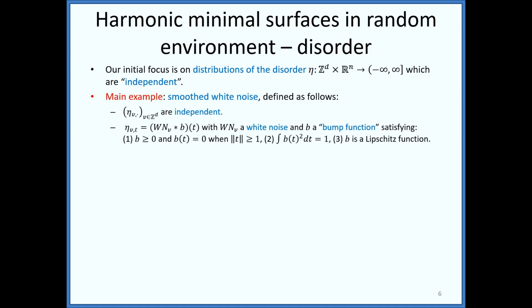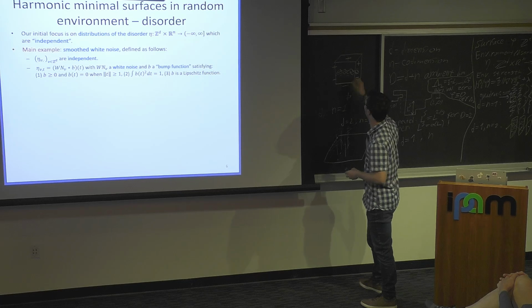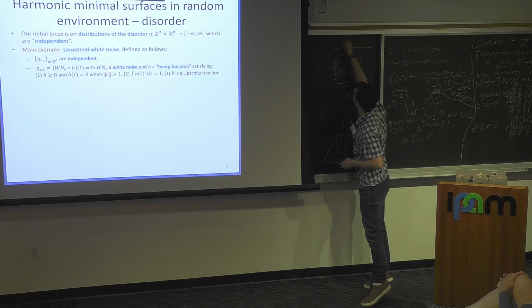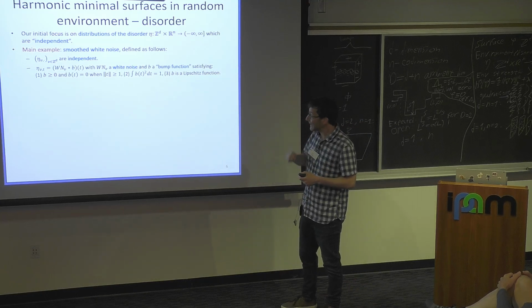Indeed, eta_v are independent, and eta_v at height t, at the base position v, the environment on the fiber at height t, is a white noise associated to the base position, convolved with the bump function to smooth it out. And then there are some requirements, the most important of which is that the bump function has range 1. So it's 0 when you go beyond 1. So the bump function is simply something like this. Just that. Okay, so this is a main example.